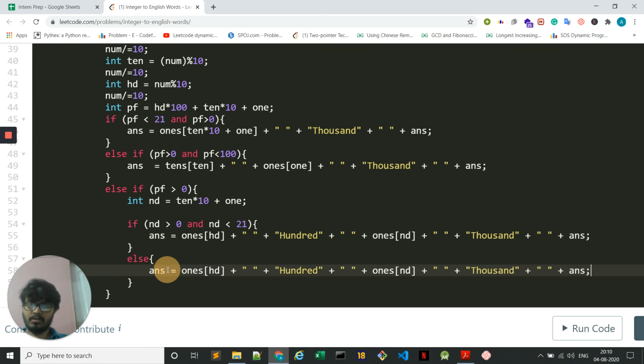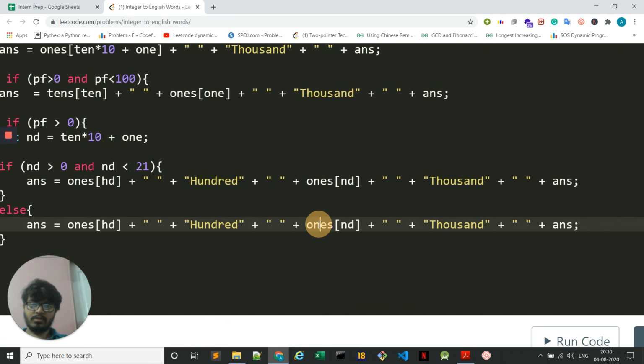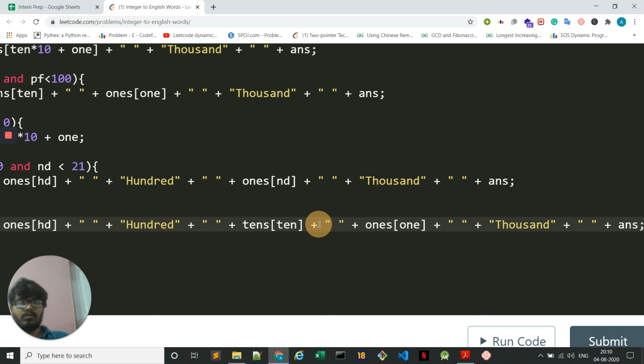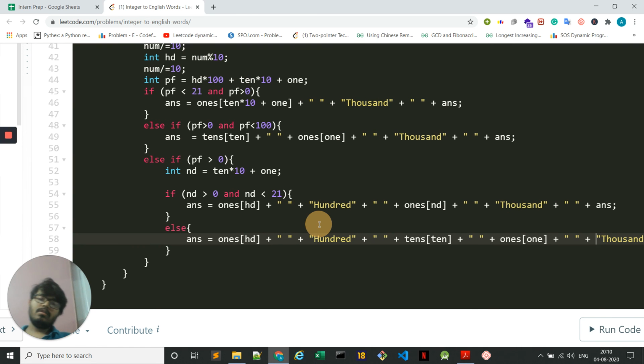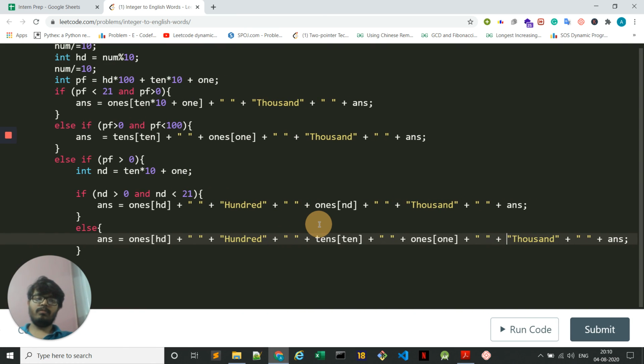More changes to our answer: hundreds of 100 plus tens of 10 plus ones of 1. Now this is correct. 345,623.